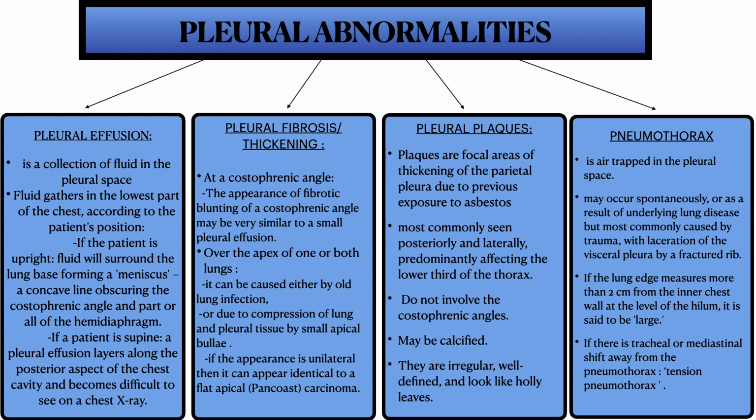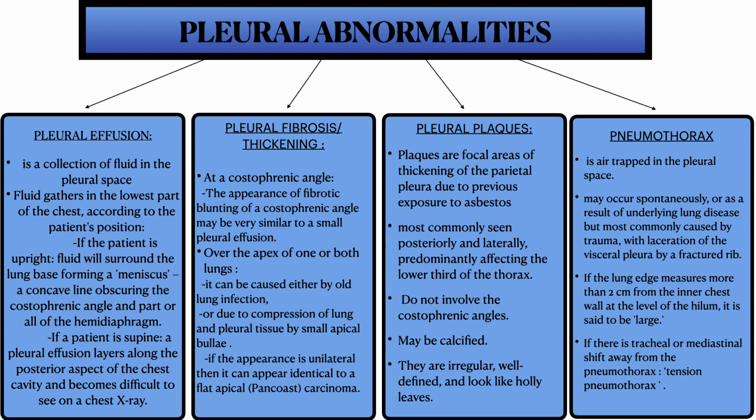And the last type is pneumothorax, which, as we said before, is air trapped in the pleural space. It may occur spontaneously or as a result of underlying lung disease, but most commonly it is caused by trauma with laceration of the visceral pleura by a fractured rib.